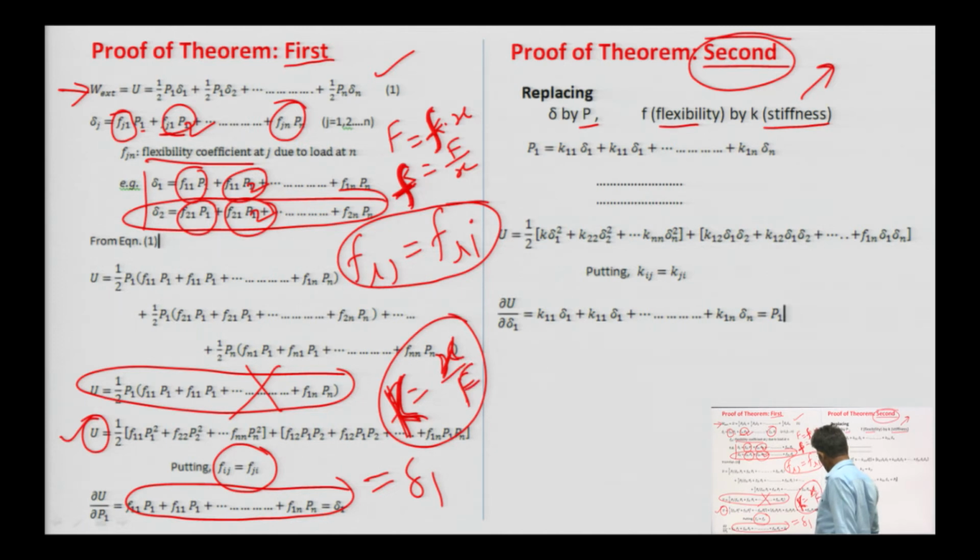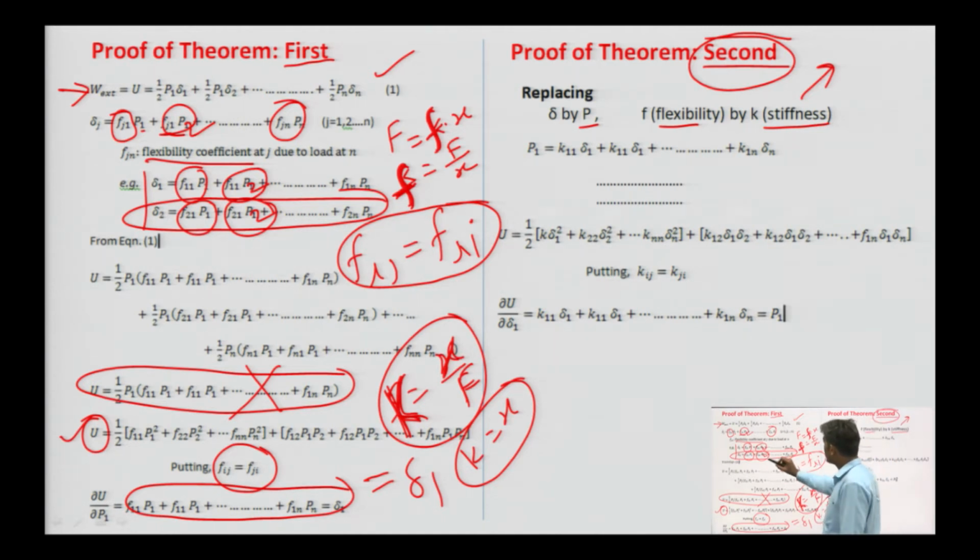So, if f is equal to 1, then k is equal to x. What does it mean? It is the displacement for unit value of force, which is stiffness.